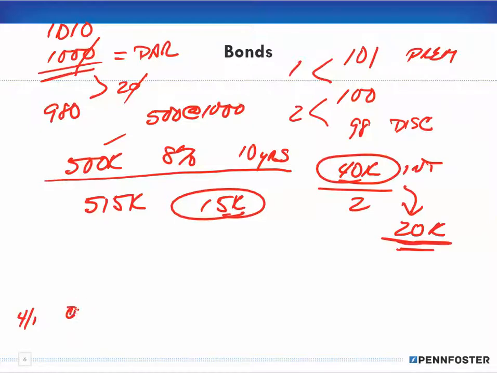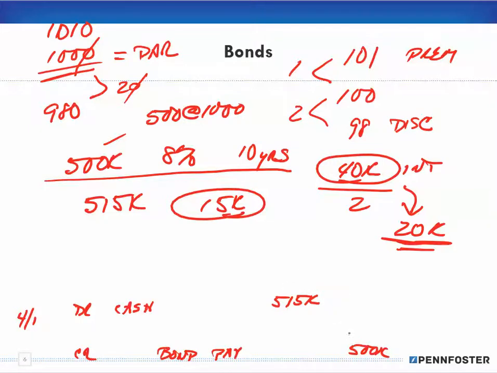So we're debiting cash for 515,000. Okay. We know that the bond is for 500,000, all right? So we have to credit bond payable for the 500,000, and the difference between the two, simply put, is this: if you look at your debits, debits must equal credits in a journal entry.